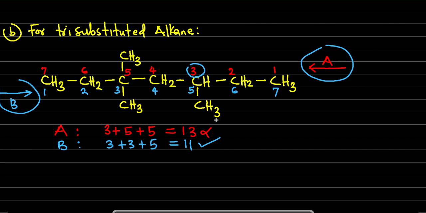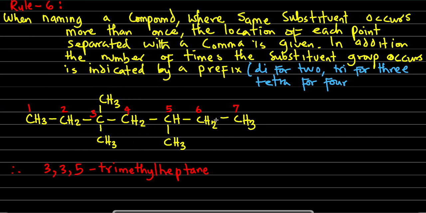Okay, all right, so in rule number 4, we saw how to construct a name. All right, so in rule number 6 now, we want to dive into this stuff proper. Now, we say when naming a compound where the same substituent occurs more than once, the location of each point separated with a comma is given.